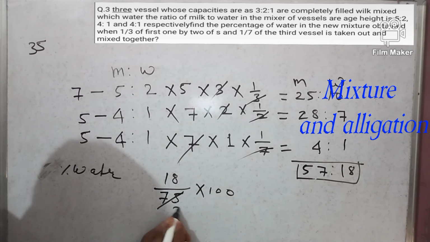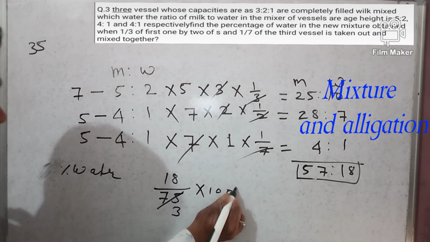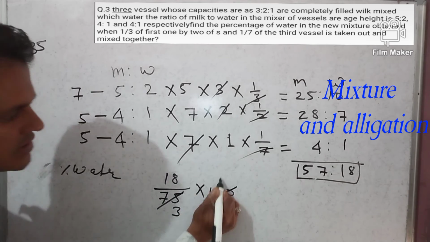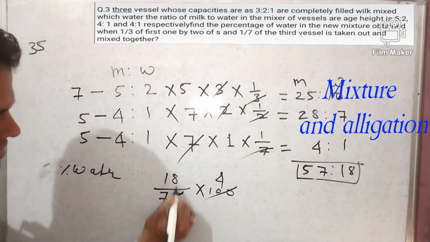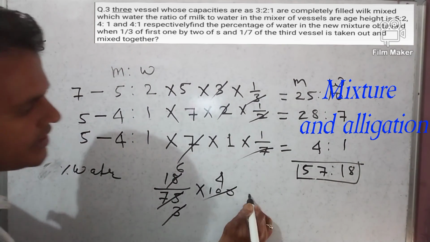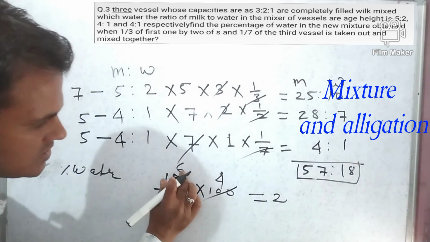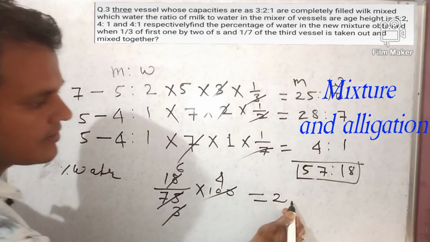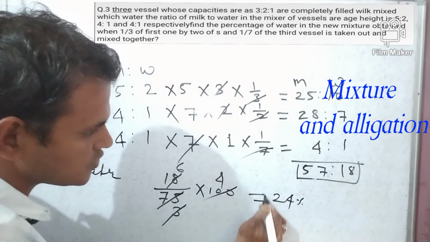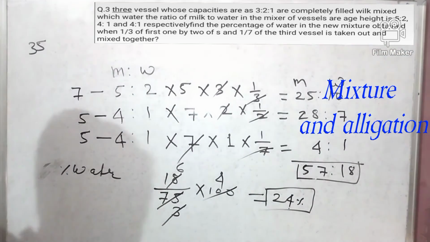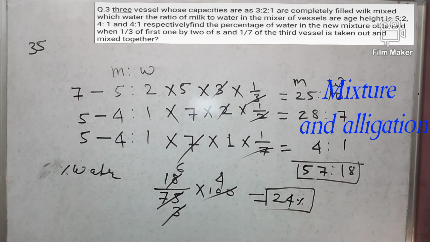So 25 times 3 is 75, and 25 times 4 is 100. 3 times 6 is 18, and 6 times 4 is 24. So the water percent is 24% in this mixture, right? So option C is the correct answer.